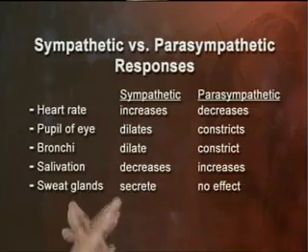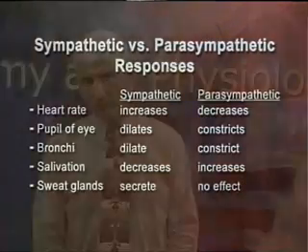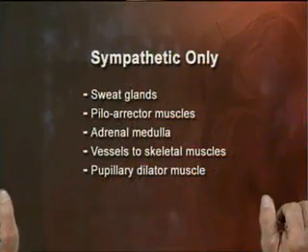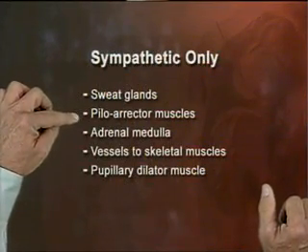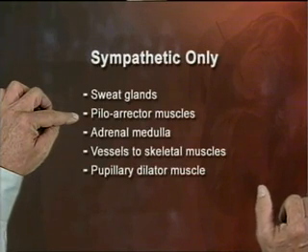Now, although most involuntary effectors in the body receive both sympathetic and parasympathetic pathways, there are a few places in the body that are sympathetic only, and an even shorter list of structures that are parasympathetic only. Let's take a look at the things that are sympathetic only. Sweat glands, and piloerector muscles, which are the ones that when they contract you get goosebumps.